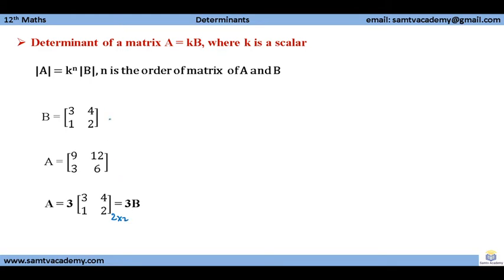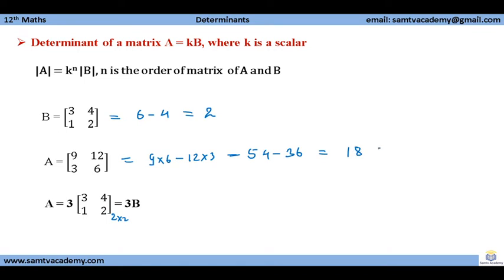So let's see here. If we solve this, it is 6 minus 4, so the value of the determinant is 2. Now if we solve this, it is 9 into 6 minus 12 into 3. 9 6s are 54, minus 12 3s are 36, which gives you 18.